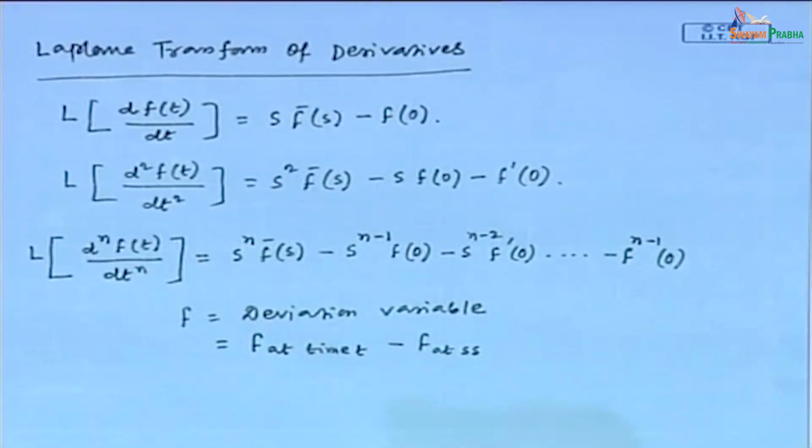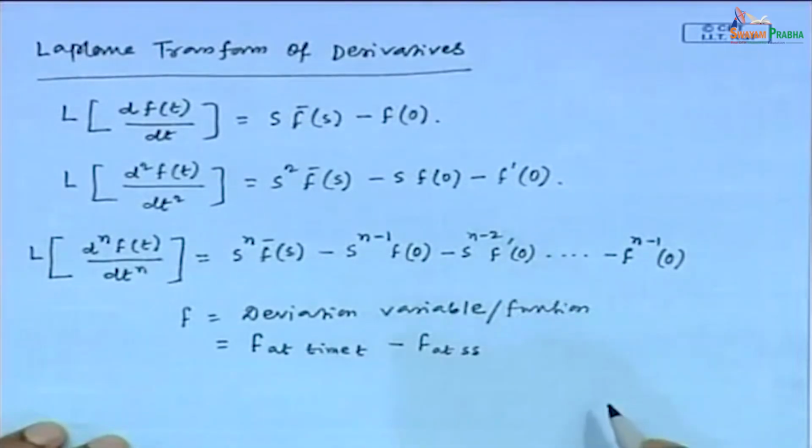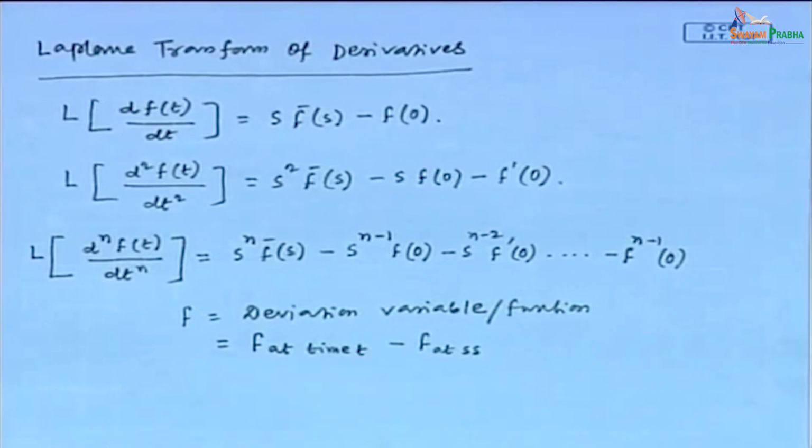Then we can call this variable f, here it is function, as a deviation variable. That means it is the function of deviation variables. The definition of deviation variable is the variable at any time t minus the value of variable at steady state.